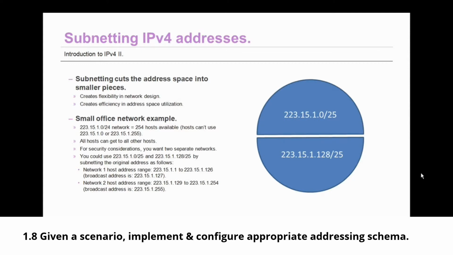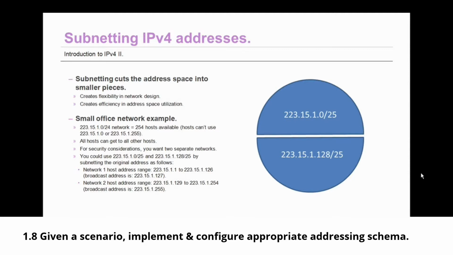And why is that? Because you can't use the network address, which is 223.15.1.0, and you can't use the broadcast address, which is 223.15.1.127.